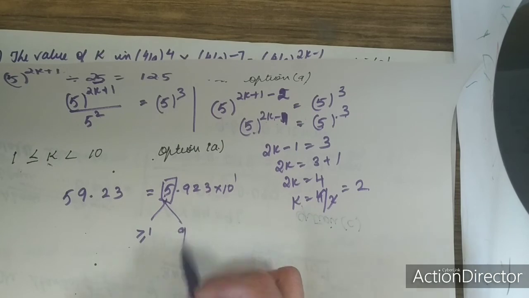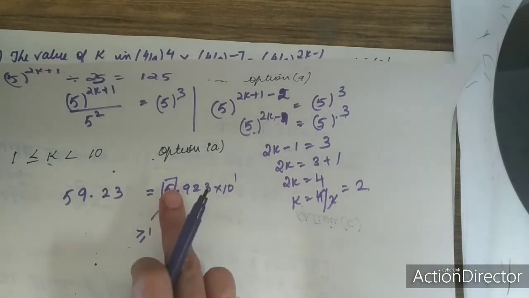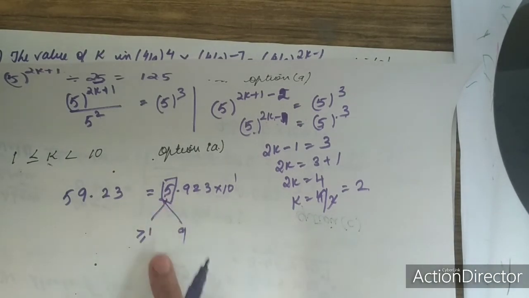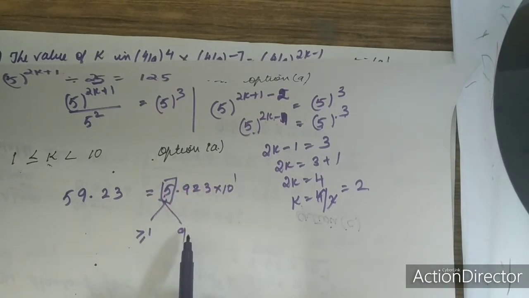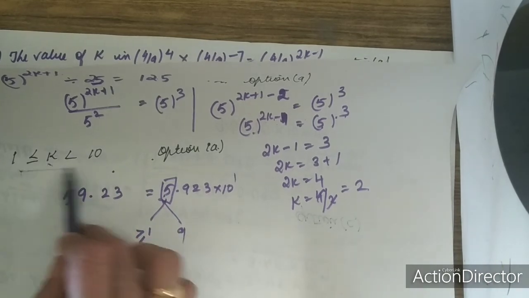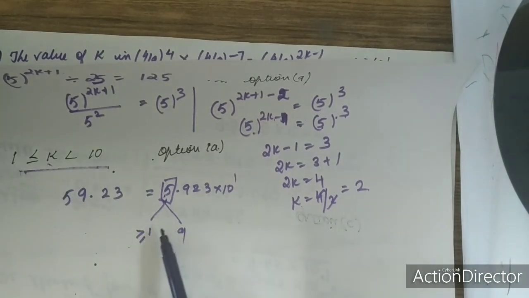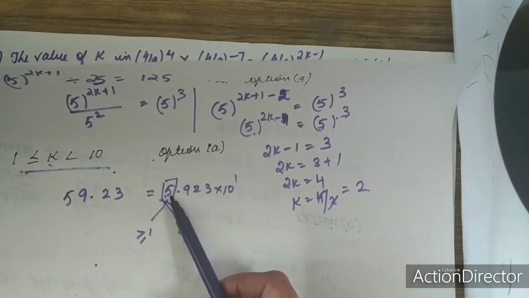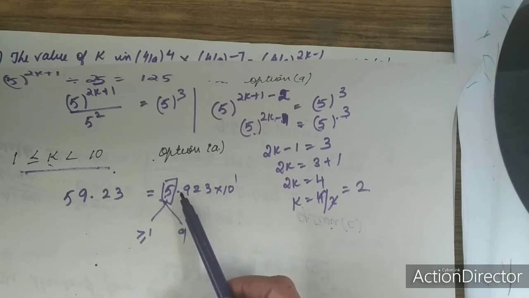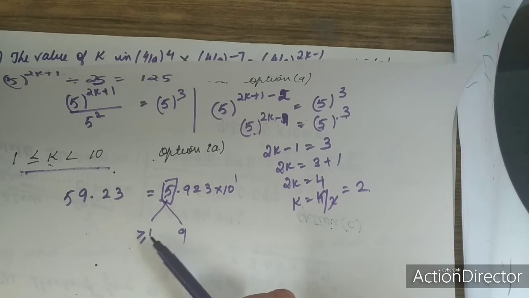So less than 10 means I can have only up to 9, and I cannot have 0 also over here. So it is always greater than or equal to 1. I can always have the digits from 1 to 9 over here. So this is the right option. I cannot have 0 because in standard form you always take the first number to be greater than or equal to 1, and I cannot have a 2-digit number because in standard form you always keep the decimal point after the first number. So it should be greater than or equal to 1 and less than 10.